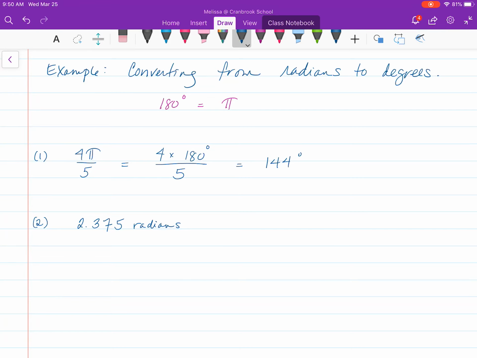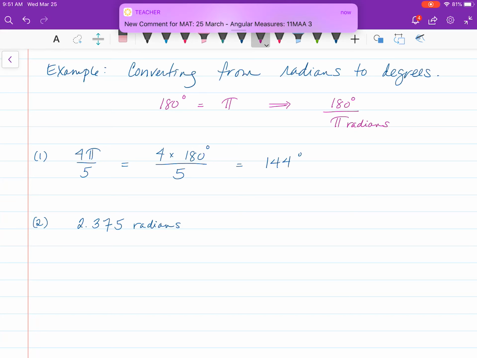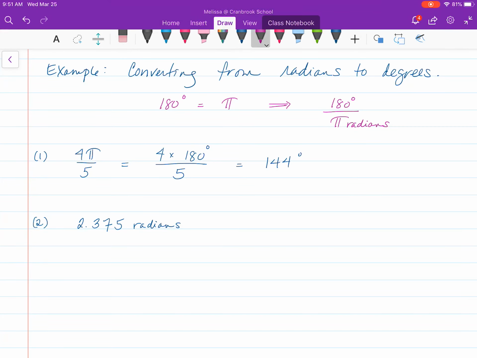Well, you also know from the booklet that you had this ratio of 180 degrees on pi radians. So you could think of this as simply a conversion problem that you might have seen in science. If I use that ratio of 180 degrees on pi radians, have a look that technically this 2.375 radians is on 1.